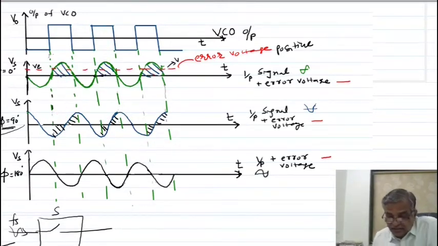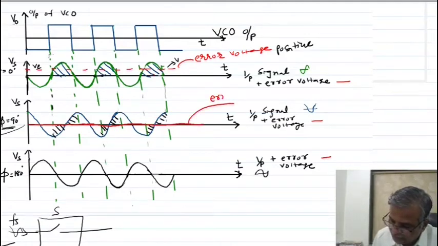As a result, the average voltage will be 0. So I am showing you the average of this will be 0, or you can say the error voltage VE is 0, meaning this voltage will be 0.